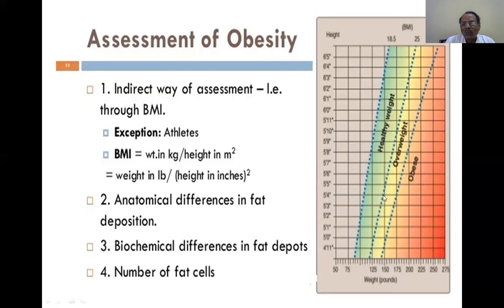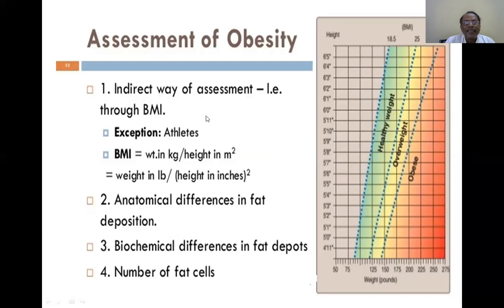And the next one is overweight, and the last one is obese. The health surveys have constructed maps for each and every country. These are the healthy weight maps. And basing on this, obesity can be pronounced.